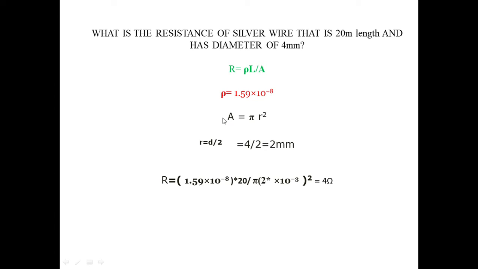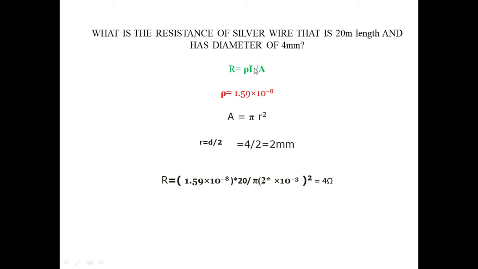We know that the cross-sectional area, or area of a circle, is equal to pi r squared. R is the radius of the circle, so the radius is equal to the diameter divided by 2. So here we have a diameter of 4 divided by 2, which is equal to 2 millimeter.